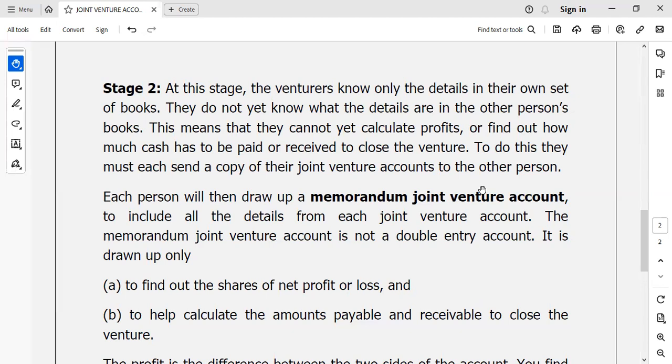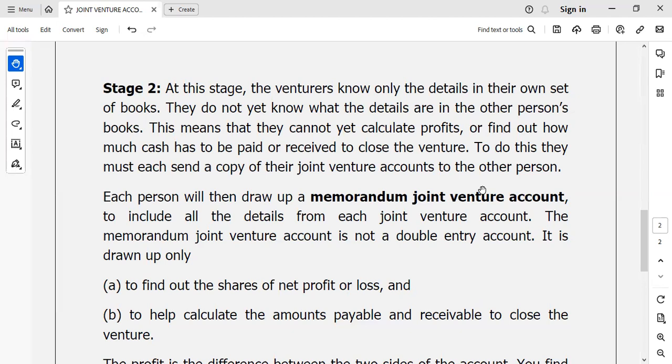In a memorandum joint venture account, we include the details from each joint venture account. If we are 3 parties, we have to include all our details in the memorandum joint venture account.